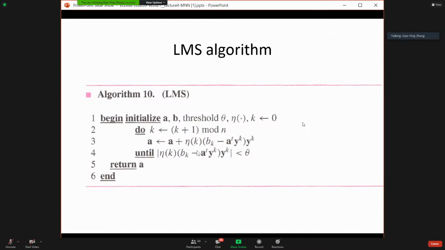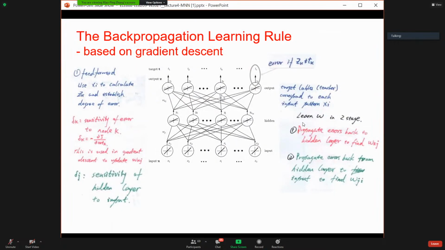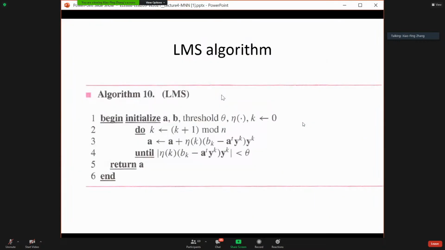If you replace that sigma with a single sample, and then cycle through all the samples, that's the LMS algorithm, also called the stochastic gradient descent algorithm. Any questions regarding this LMS? LMS is basically a single sample gradient descent algorithm.